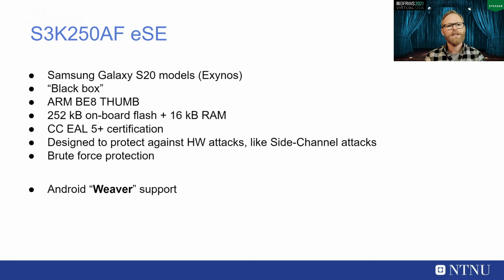This chip only has 258 kilobytes of onboard flash for storing both code and sensitive data, and it has 16 kilobytes of random access memory. And it's also CC EAL5+ certified, so some effort has been put in to secure this trusted computing design, so that this chip should be protected and secure this sensitive key material.